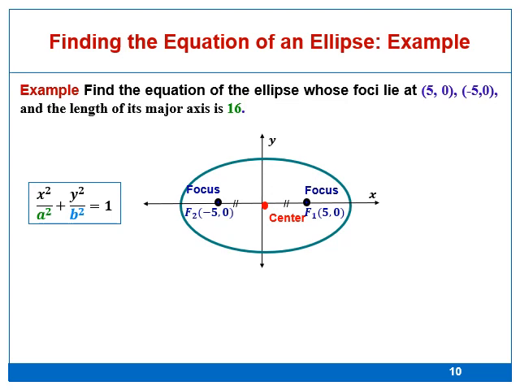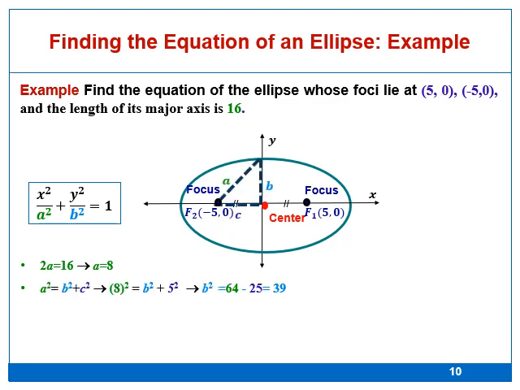Its equation is a standard form equation, x squared over A squared, where the number under the x squared is the bigger number, plus y squared over B squared equals 1, where B is its minor semi-axis, and it's the smaller number. To find B and A, first the length of its major axis is 16, so 2A is equal to 16, accordingly A is equal to 8.